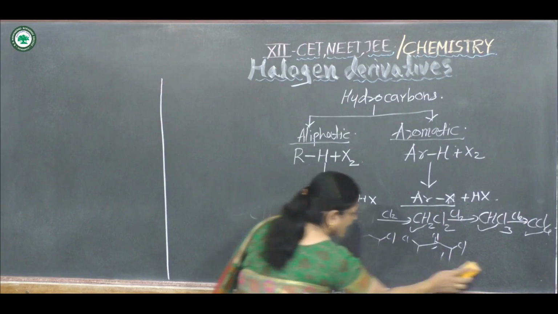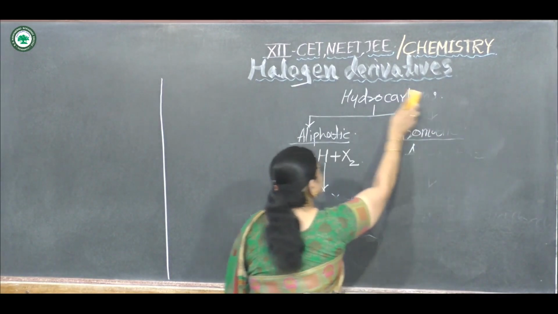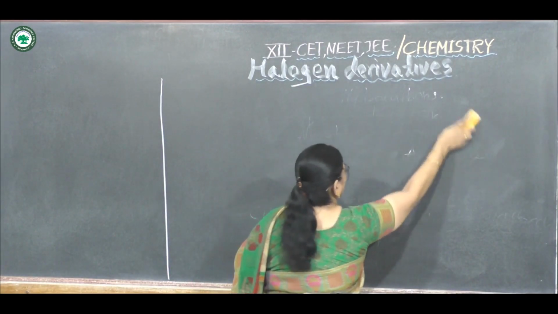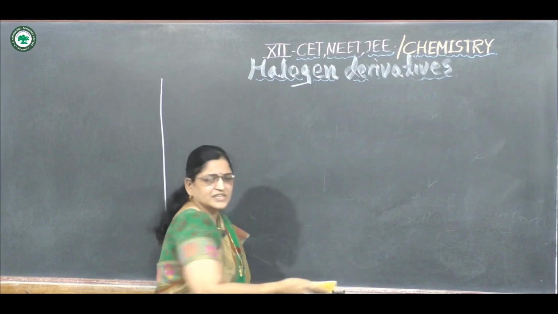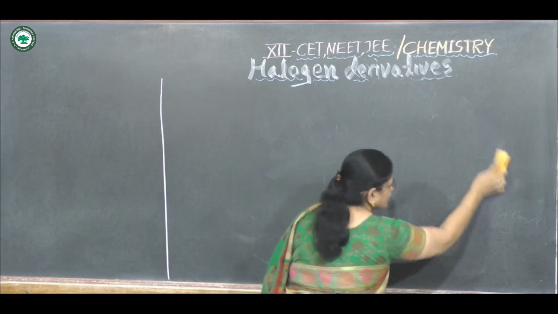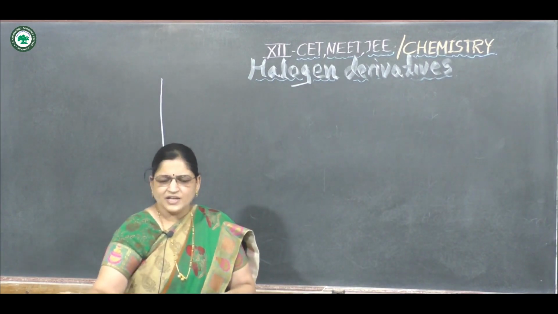The next topic is the classification of halogen derivatives. These are mainly classified in two ways.